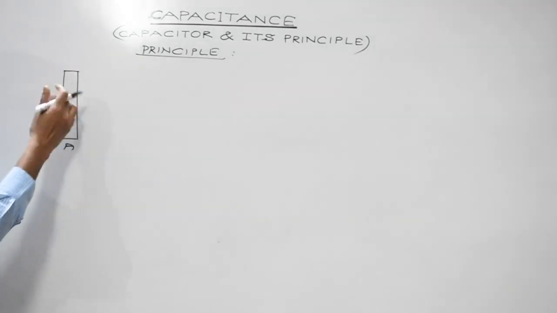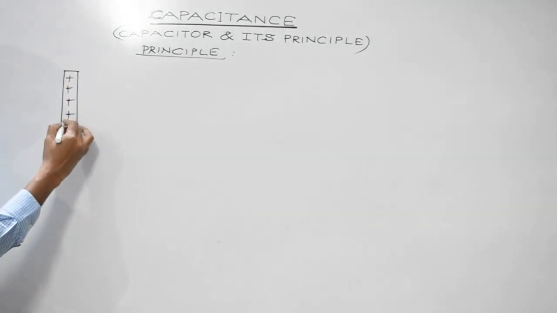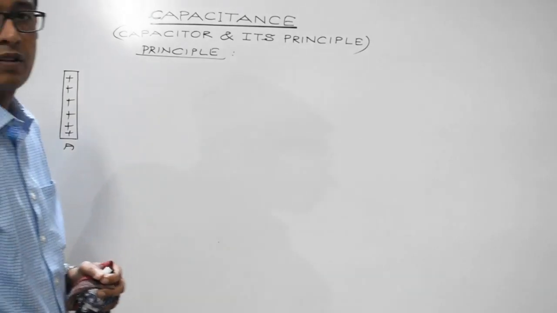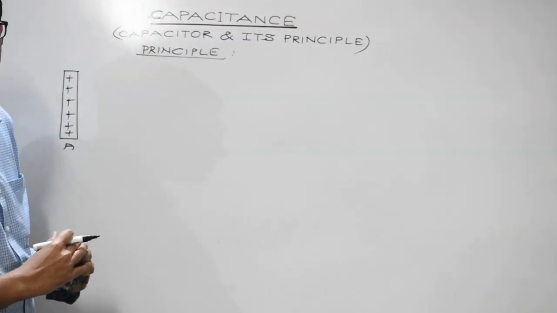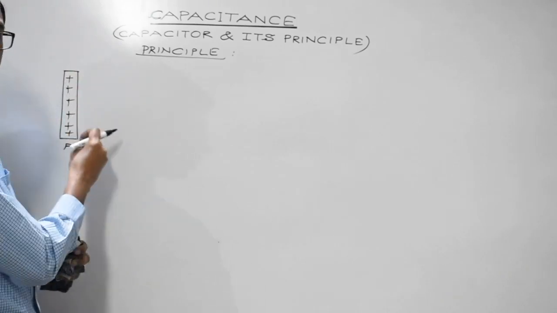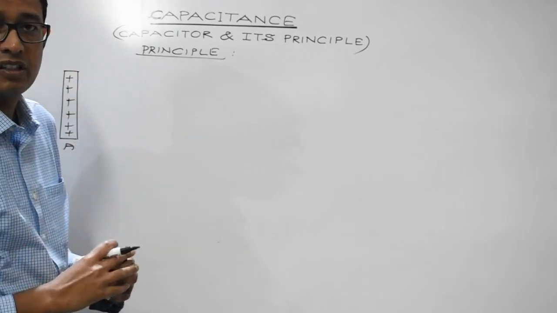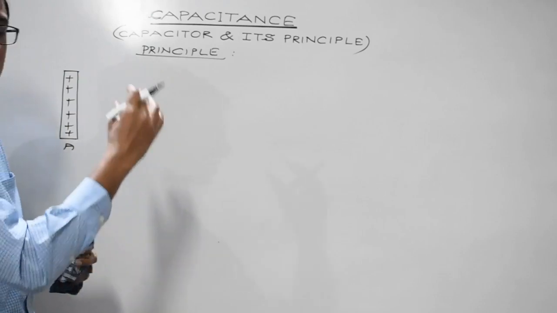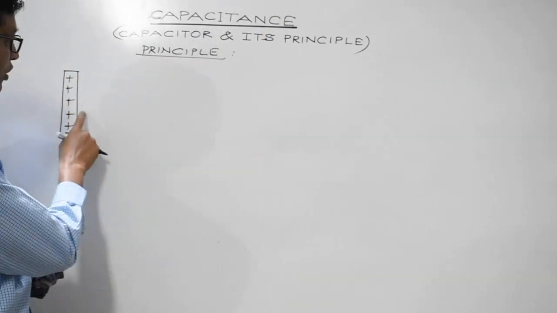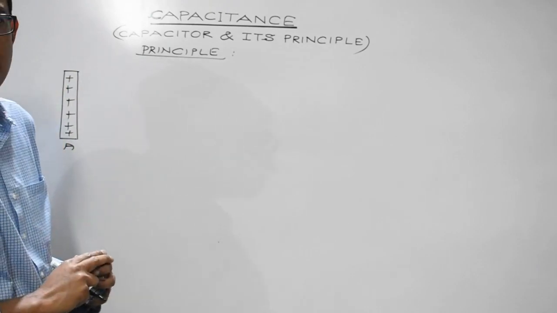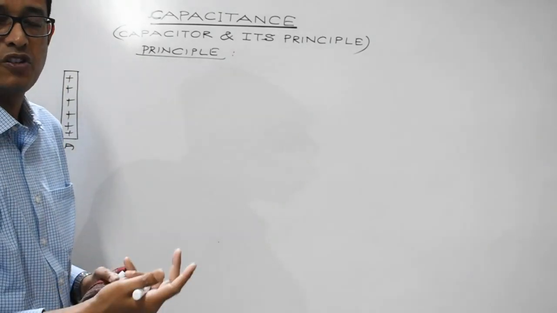When charge is given to it, it will keep on storing charge up to a saturation point. As the charge is given to it, its potential will keep on increasing. Further charge is given to it, its potential will still increase. A stage will come when it will attain maximum potential, the saturation value of potential.